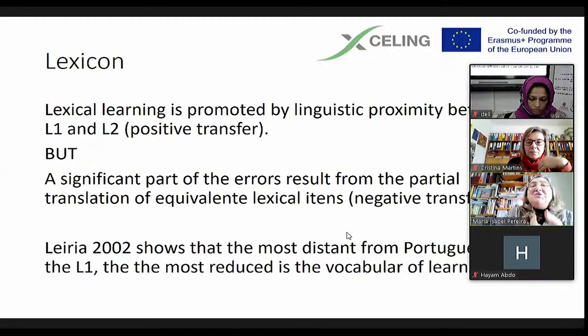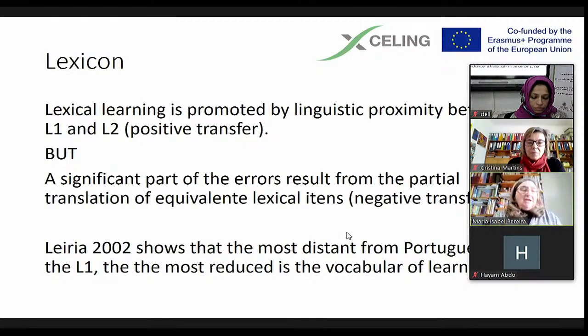communicatively effective. And Chinese, of course, don't use positive transfer because they have the perception, subjective, not exactly objective, that they have nothing to transfer from their previous knowledge, mainly from their L1 knowledge.